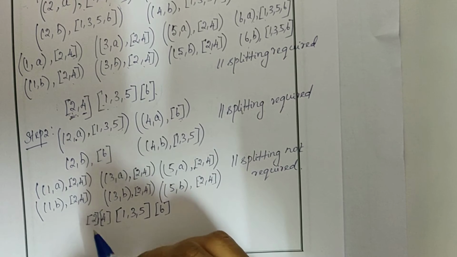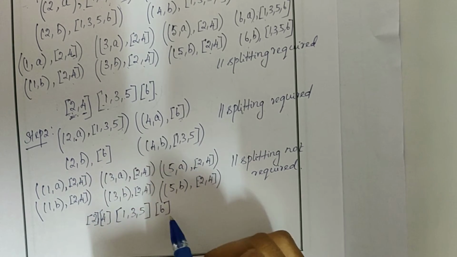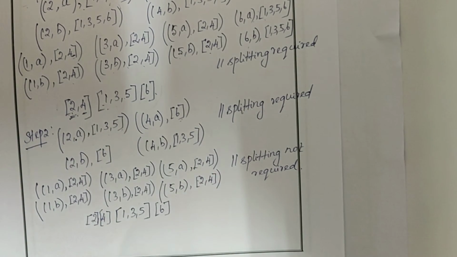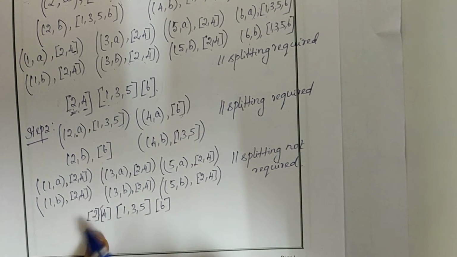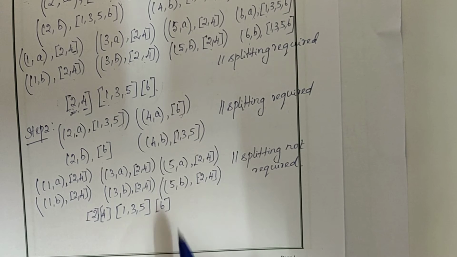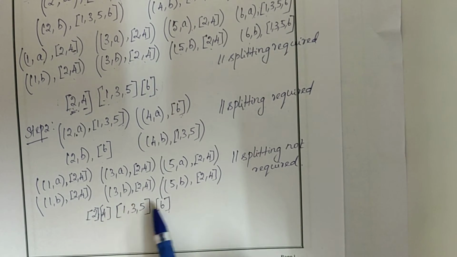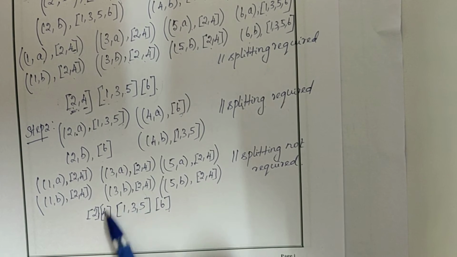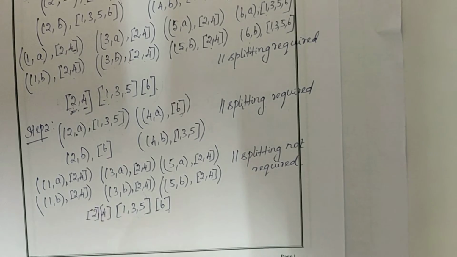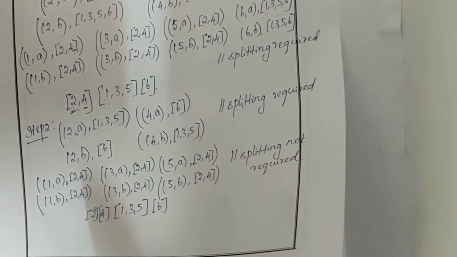Now how many classes do I have? 2, 4, 1 3 5, 6. Right? Now I have to check. See, 2 is split, 4 is split, 6 is also a single state in a class. Now I have to check only this: whether this class can be split or not. So what will I do?